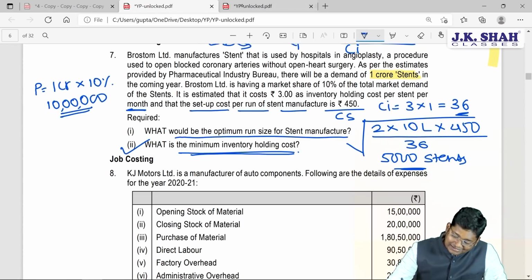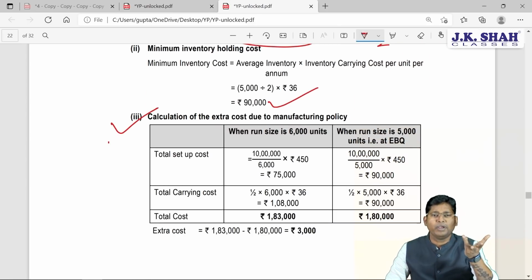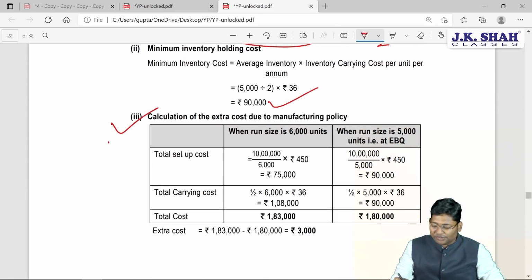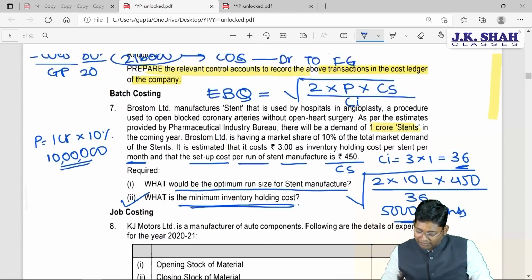But if you check the suggested answer, they have given one more calculation which was not asked in the question. But suppose this kind of extra cost calculation is asked in the question, how to do that? What is the current run size that is needed for that? The current run size is not given anywhere in the question.